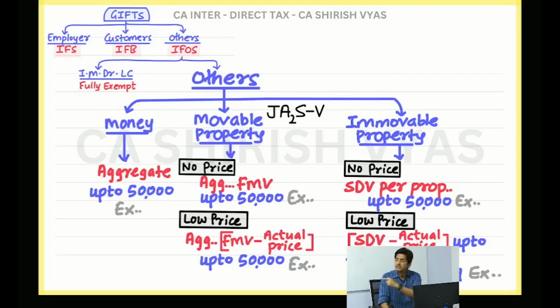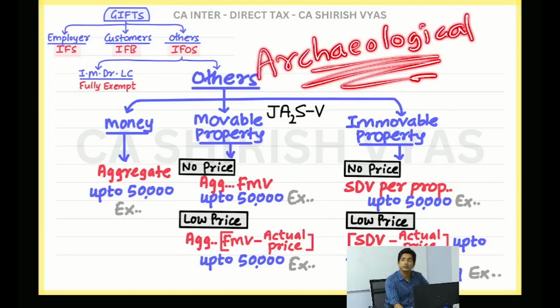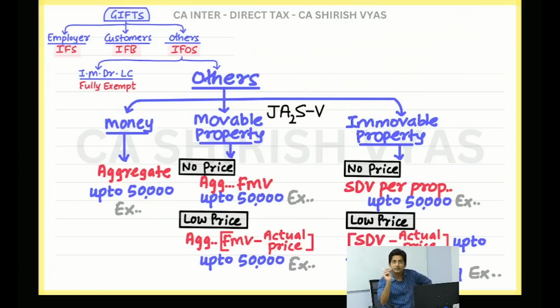So see, in Jasvi what was J? Jewelry. A stands for artistic work. Drawings, paintings, sculptures, any work of art. There is one more A. Archaeological collections. Read what is written. What is archaeological collection? Antiques.